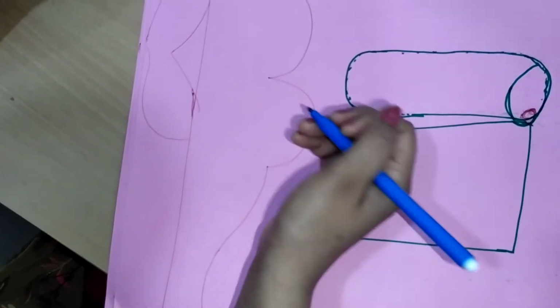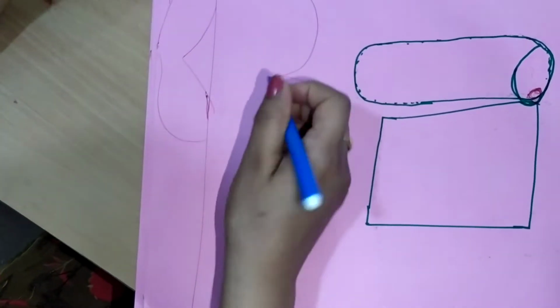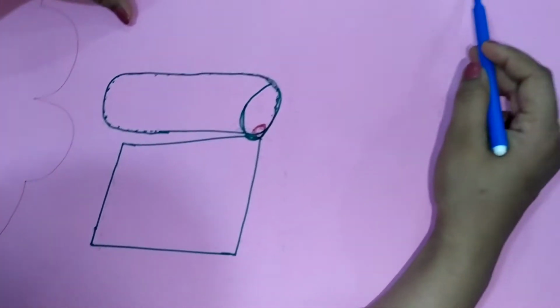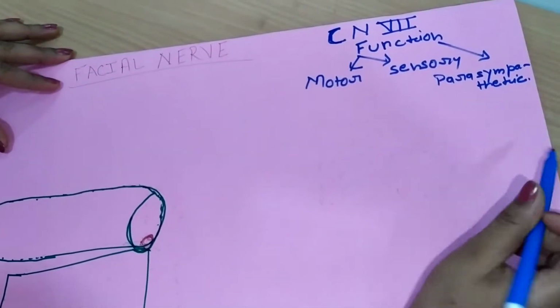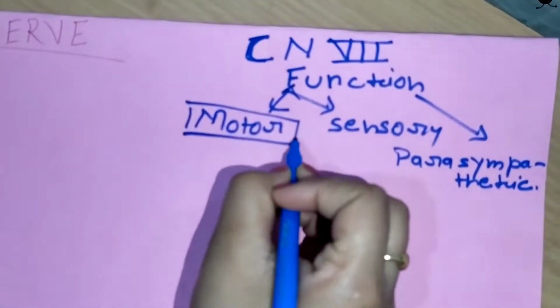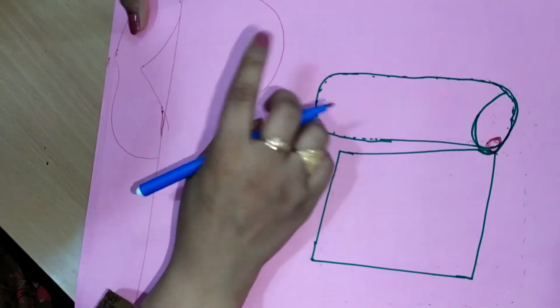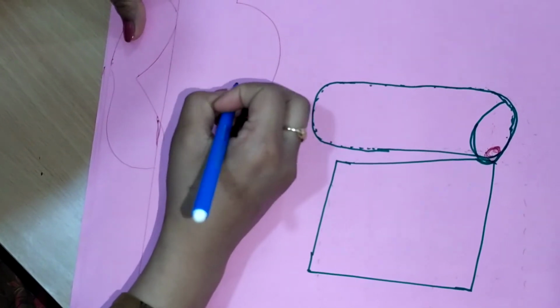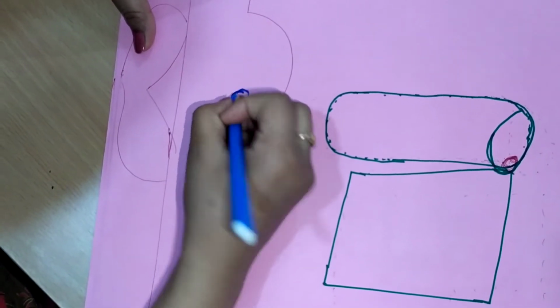Okay, so now I will show you the course of the facial nerve. The facial nerve function is motor, sensory and parasympathetic. First I will explain the course of the motor fibers of the facial nerve. The nuclei of the motor fibers are present in the lower pons here.